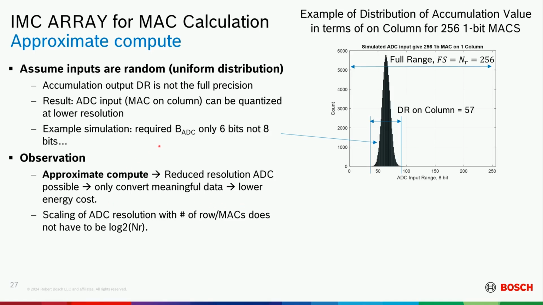Not only that, you can also use hardware-aware training to scale the ADC resolution even lower to push power down, because what we want to do is reduce energy per MAC.